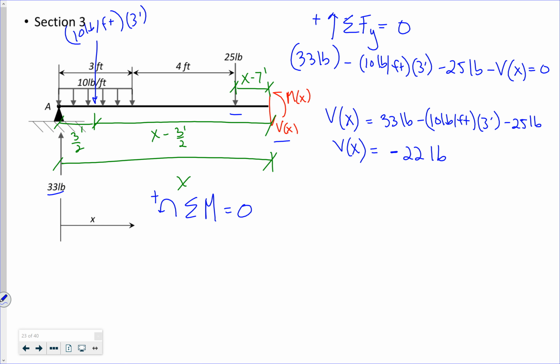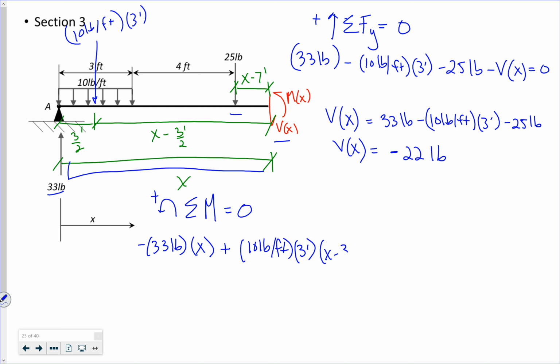I get acting clockwise, which is negative, my 33 pounds times x, the resultant of my distributed load, which is 10 pounds per foot times 3 feet acting at x minus 3 feet over 2, and that's positive because counterclockwise.